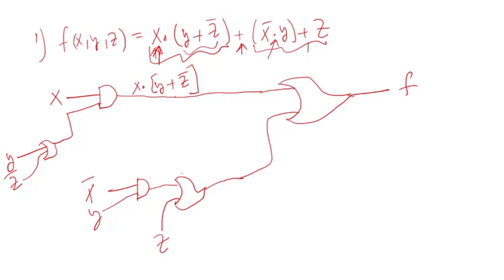Then the entire thing is fed into this OR gate. So I can write the outcome here: x' and (y or z). You see it matches what I started with.